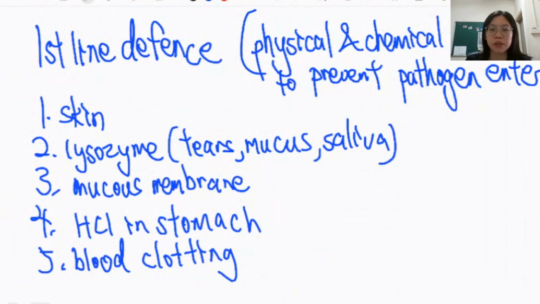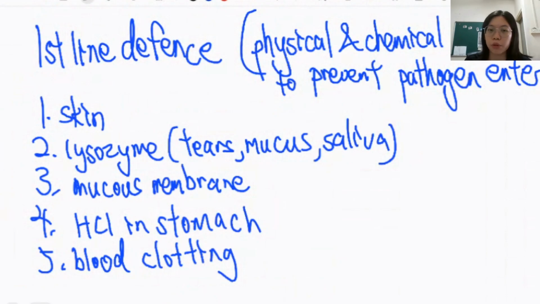And lysozyme is basically the enzyme that will destroy the pathogen. It can be found in tears, mucus, saliva, and mucous membrane, and lysozyme and mucous membrane are quite related, because mucous membrane lies in the respiratory tract and digestive tract.